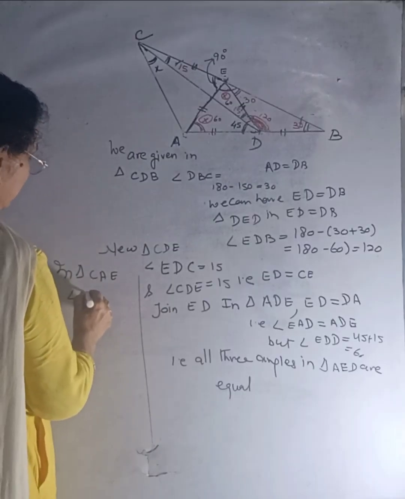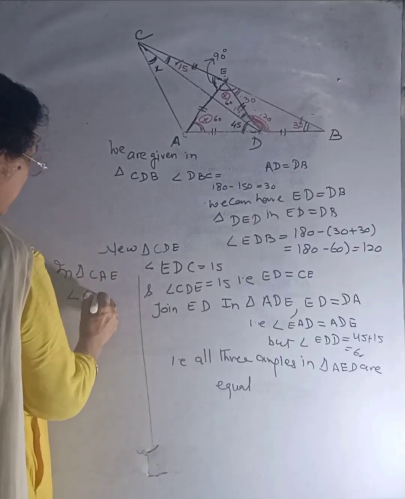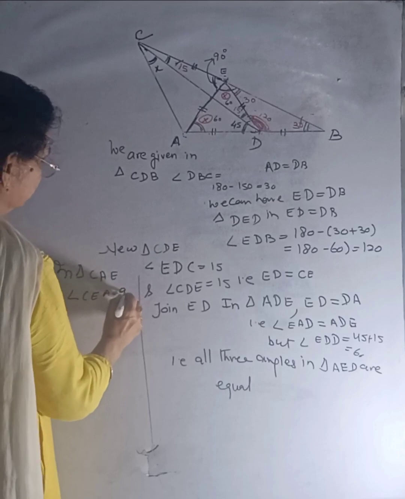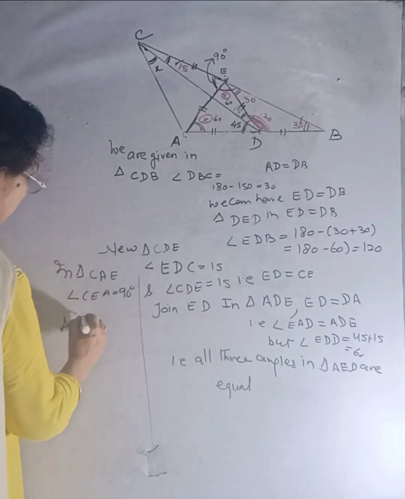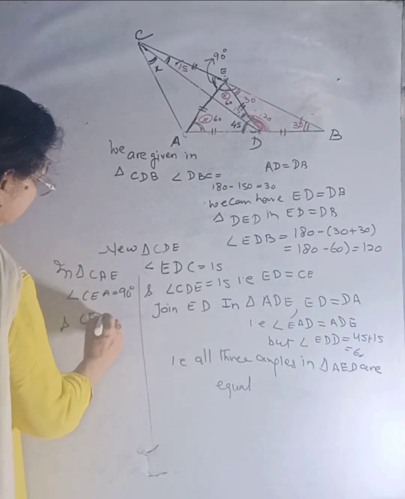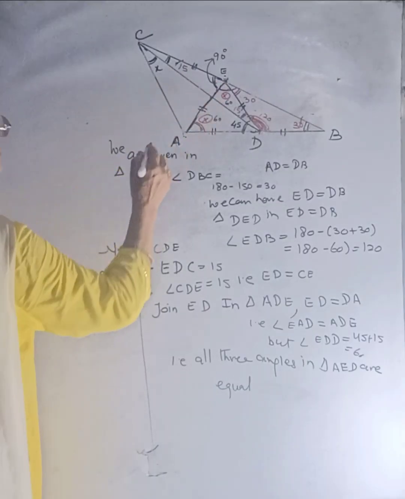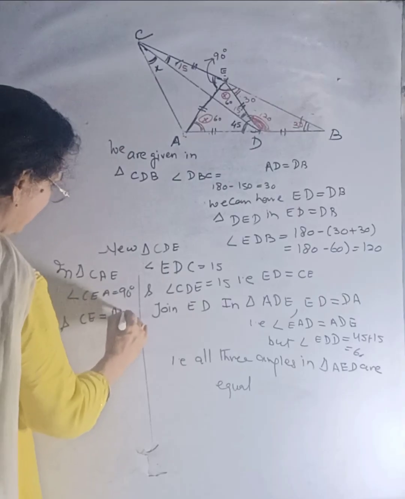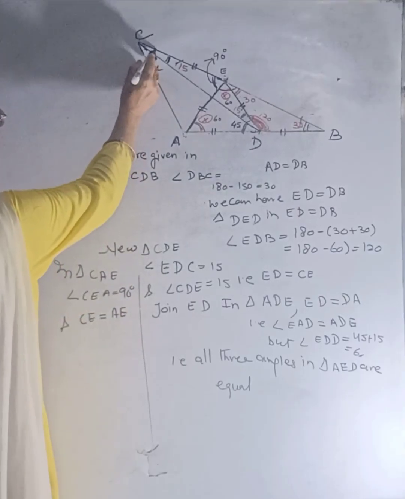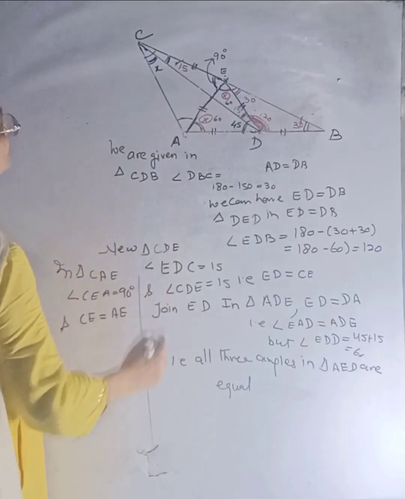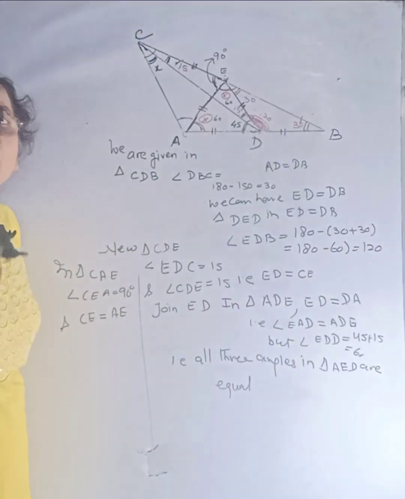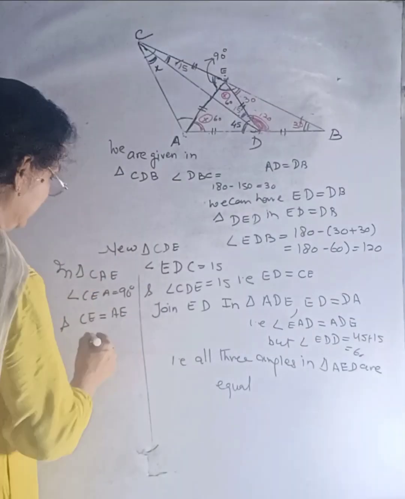Angle E, it means angle CEA is equal to 90 degrees. And CE arm is equal to AE. It means this whole angle will be equal to this angle. It means each angle will be equal to 45.